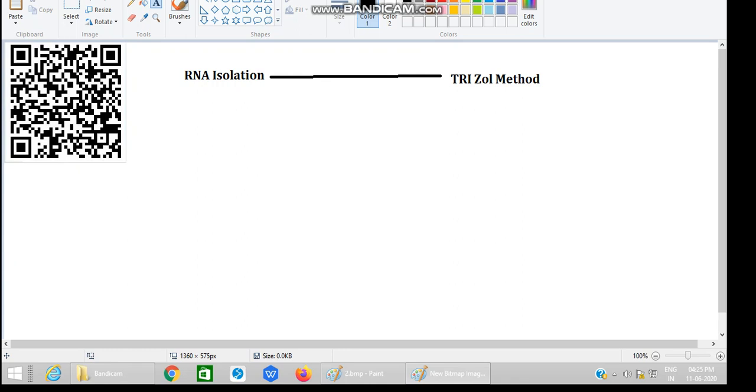Now the viral RNA which we are talking about for COVID-19 may have functionality equivalent to mRNA, but it is not exactly mRNA, because mRNA is a eukaryotic entity.